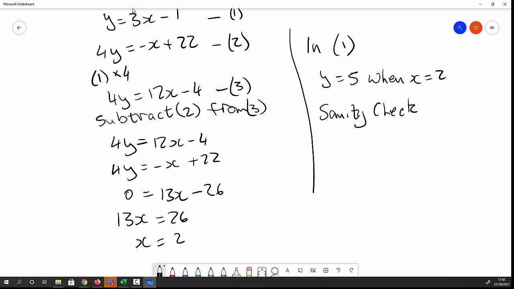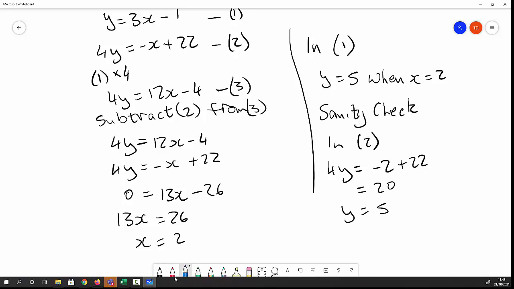In equation 2, which is this one here, 4y is equal to minus 2 plus 22. So 4y is going to equal 20, so y is going to equal 5.